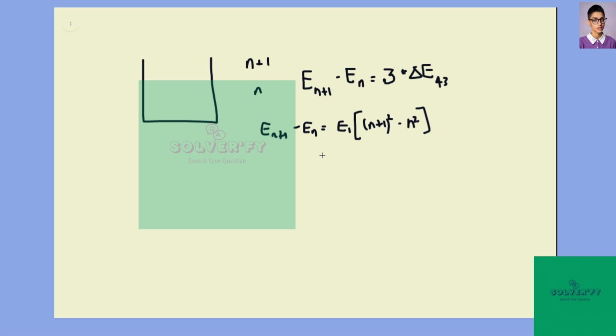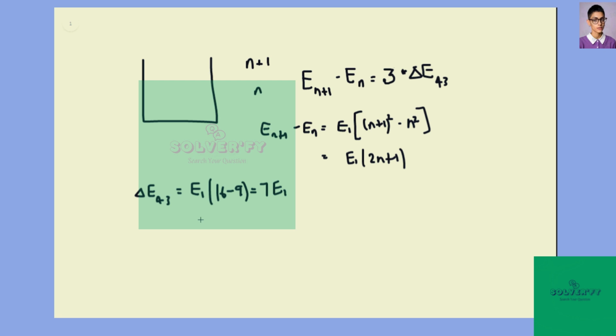And this then evaluates to 2n plus 1. So what is delta E43 in this case? We can work out the same thing, and you will notice that it is equal to 4 square, which is 16, minus 3 square, which is 9, so that is equal to 7 E1.